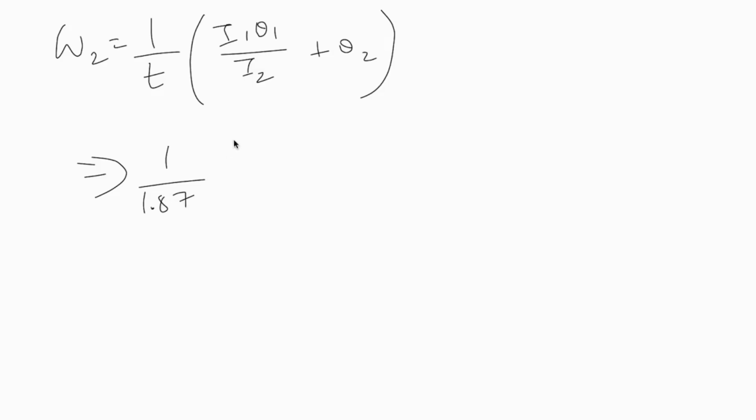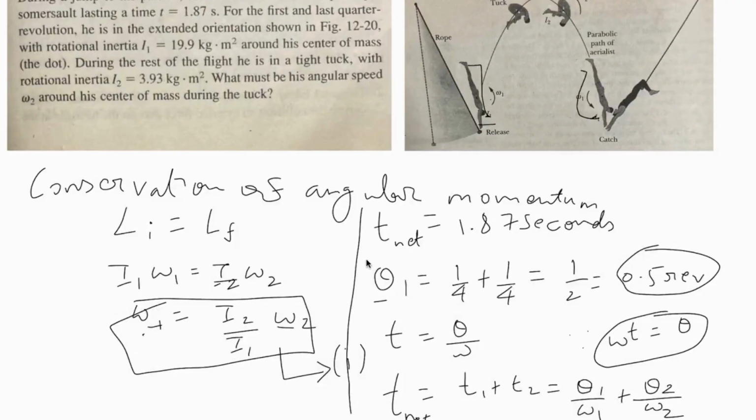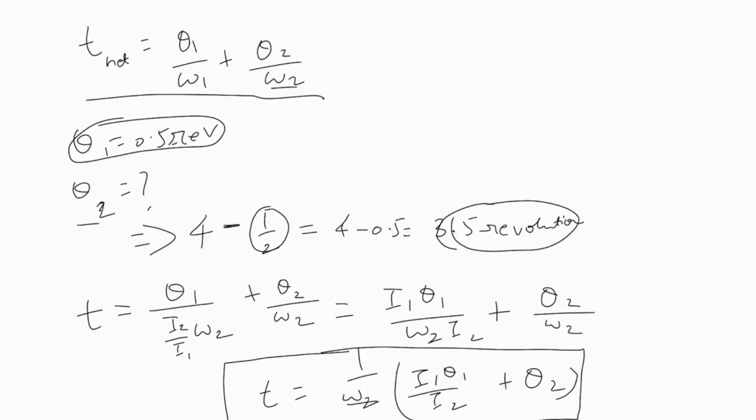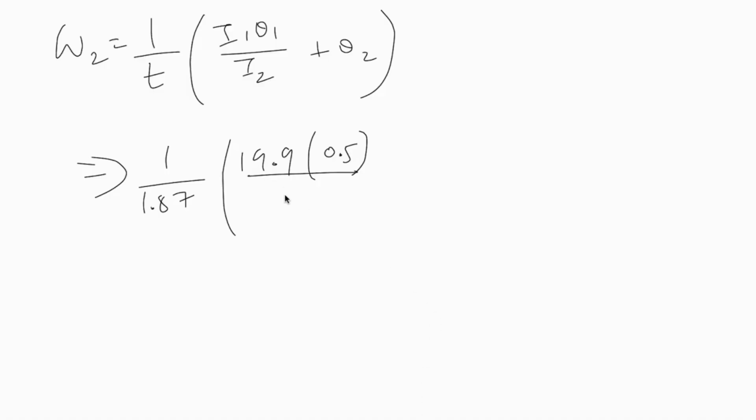So this is 1.87, this is, how much did I get? 19.9 into 0.5 divided by, this is something I forgot, it is 3.93, 3.93 plus 3.5.